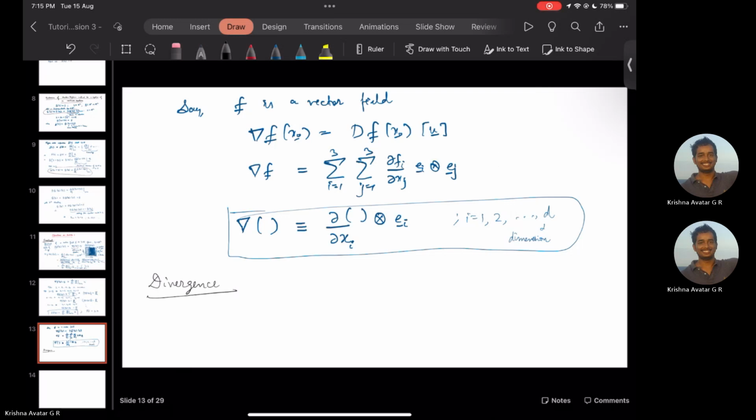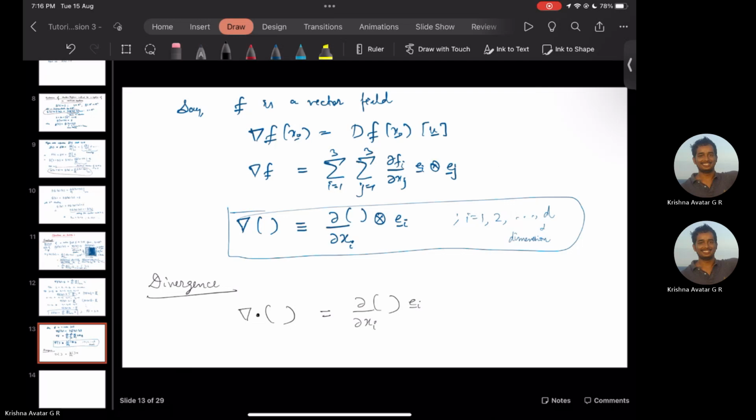So the divergence in terms of operational form is the divergence of something equal to partial derivative with respect to xi of that quantity, dotted with ei.